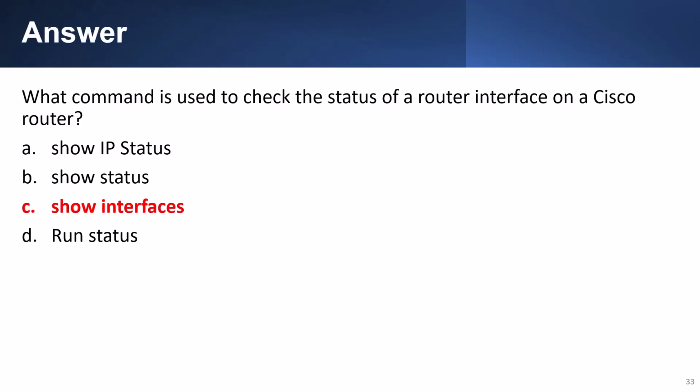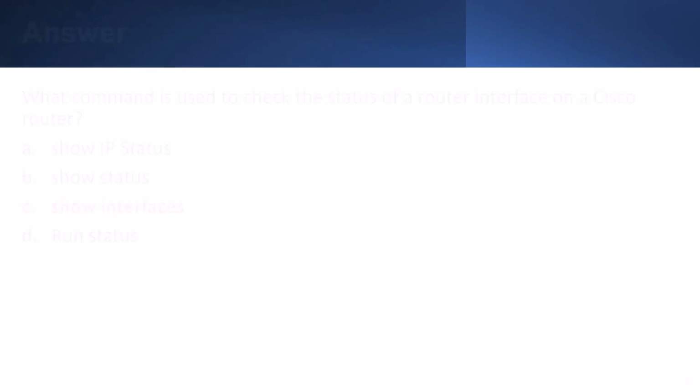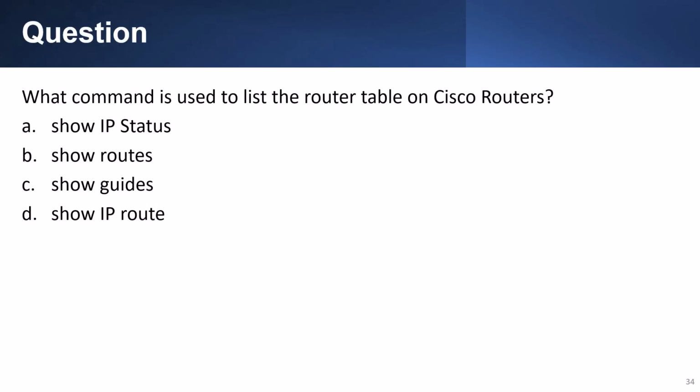Answer: show interfaces. Question: what command is used to list the routing table on Cisco routers? Answer: show IP route.